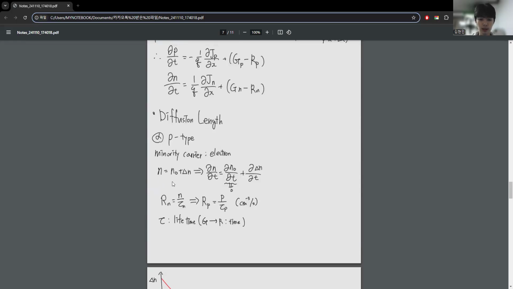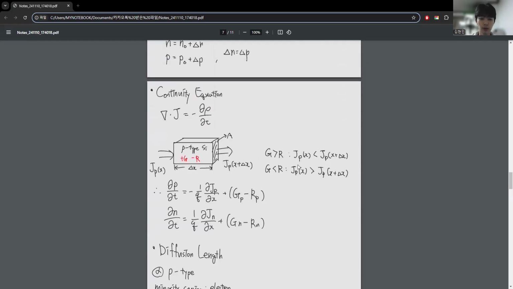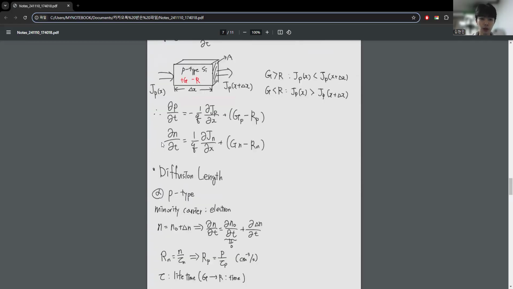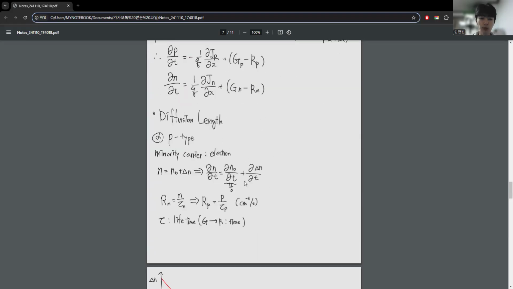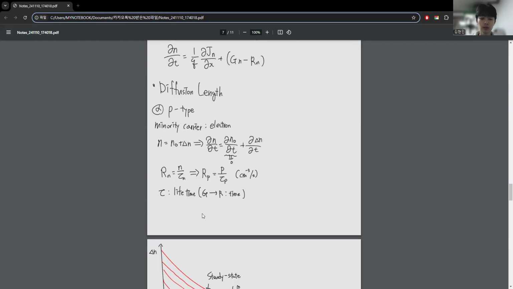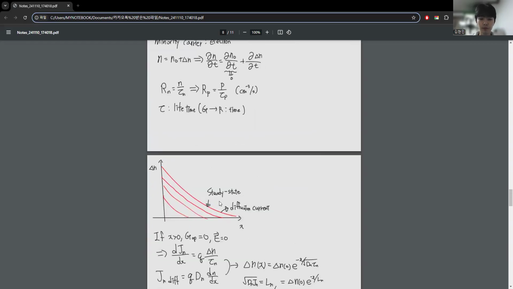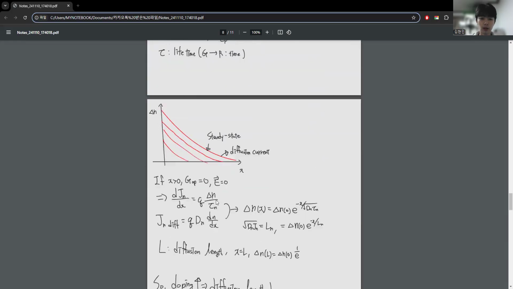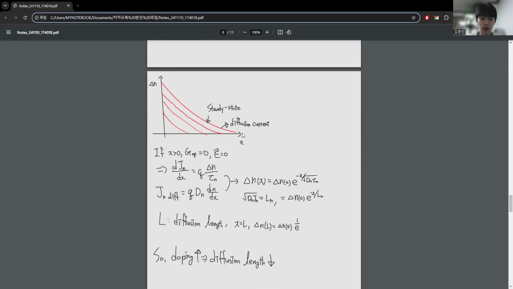So using this equation, round del n over round del t equals round del n0 over round del t plus round del delta n over round del t. Rn equals delta n over tau n and Rp equals delta p over tau p. These equations give this graph.